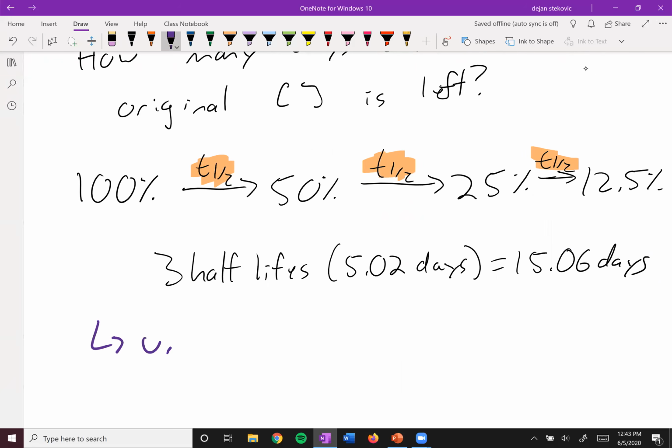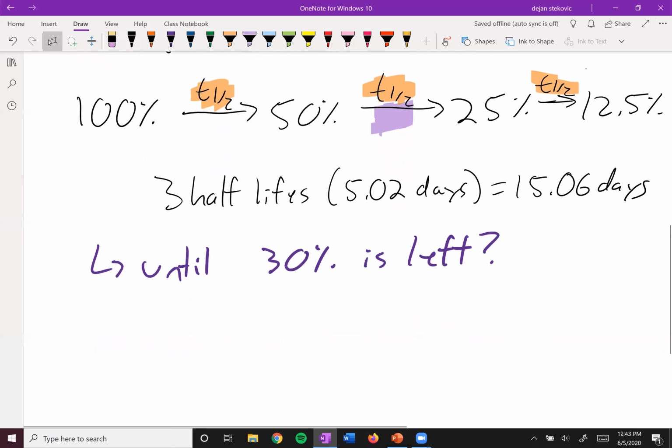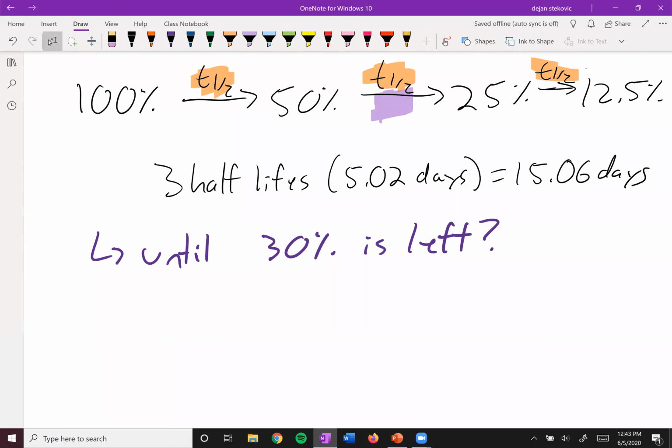was asking something that's nice and divisible by 1/2, but that's not always going to be the question. How about until 30% is left? We can see that it's somewhere between 1 half-life and 2 half-lives, but we can't tell exactly where because this is non-linear. So what we have to do here is use a separate equation.